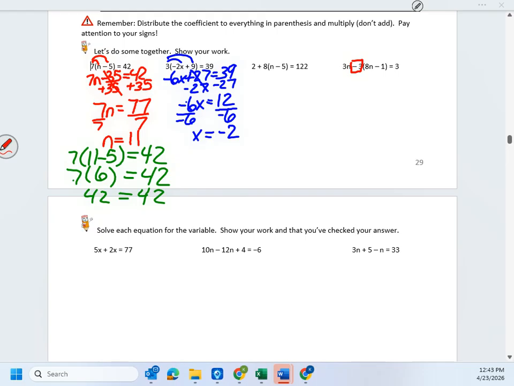8 times n and 8 times negative 5. Okay, so what is 8 times n? 8n. What is 8 times negative 5? Negative 40. Okay. What else do I have to do to finish off this equation for this step? Equals 1.